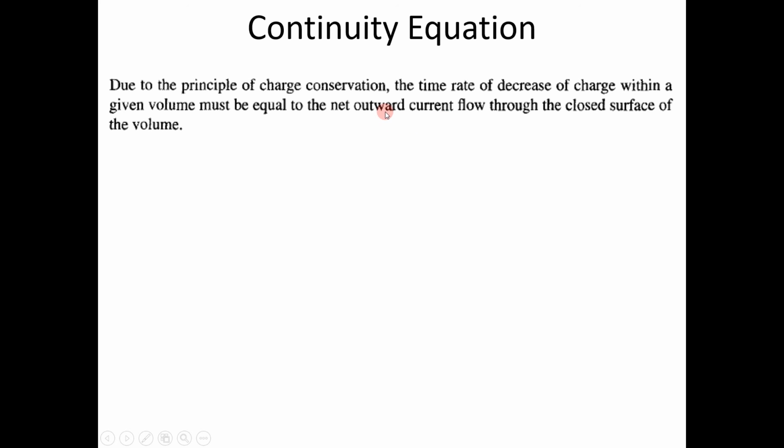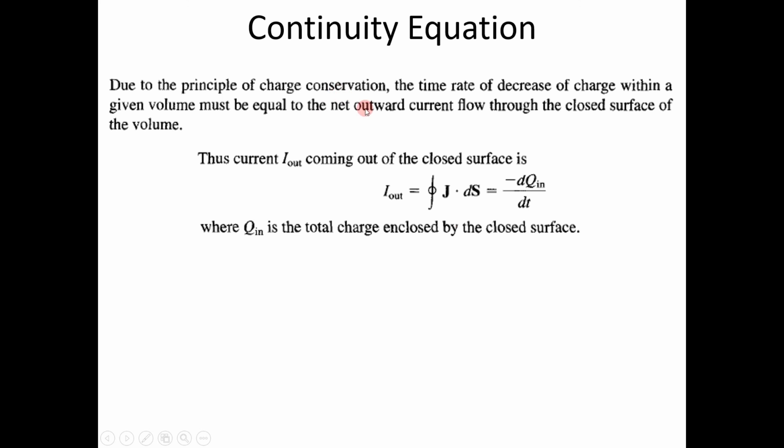That means, as we all know, rate of change of charge is current. Rate of change of charge dq by dt will give you current. So I is equal to minus dq by dt. Okay, negative rate of change of charge will give you current.